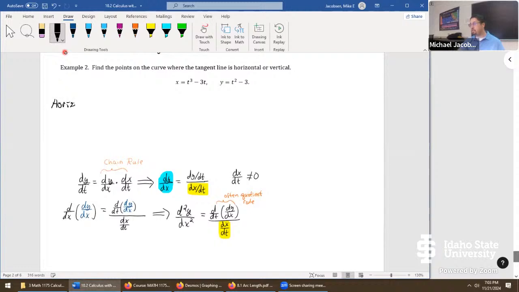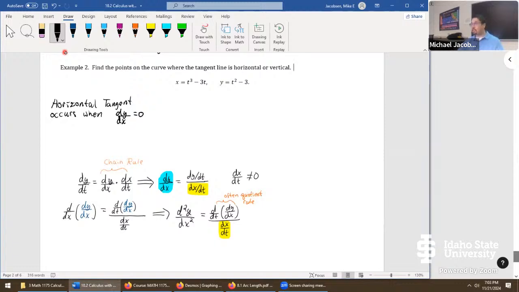The horizontal tangent occurs when our derivative, dy dx, is 0. And if you think back to algebra, vertical lines going this way have undefined slope.